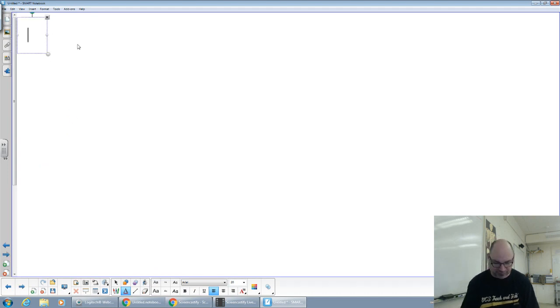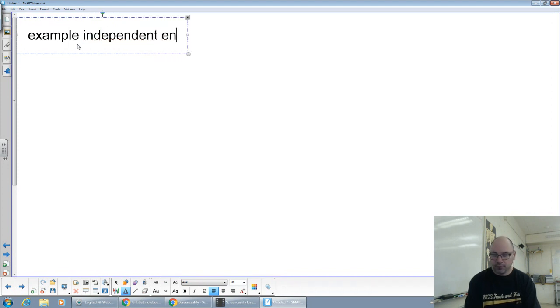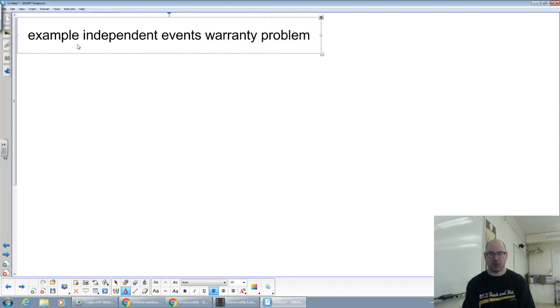So in this third example, we're going to be looking at an independent events problem. Quite often they give you warranty problems.